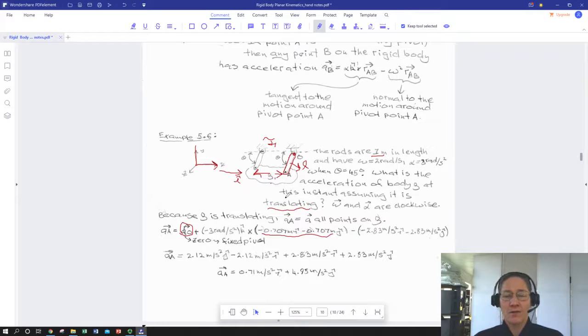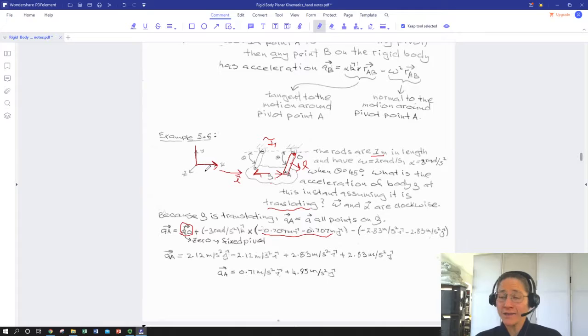And this is our first term, so we've got our angular acceleration of our connector in the k-hat direction crossed into our ROA. So were we given that? They're both clockwise. We were told alpha is 3 radians per second squared and it's going in the clockwise direction.